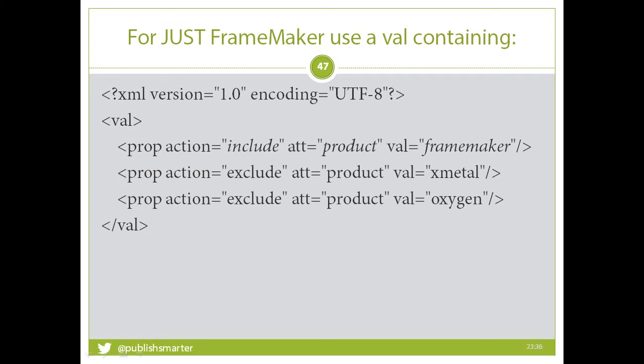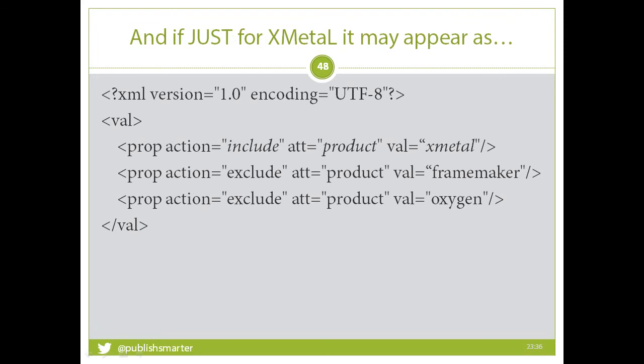If I want just FrameMaker and nothing else, I could create this document. It's an XML file, it's a val, and it has 3 sets of properties. It has an action to include the product when it's set to FrameMaker and exclude the product of XMetal and exclude the product of Oxygen. Here's another val file.